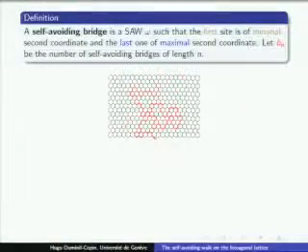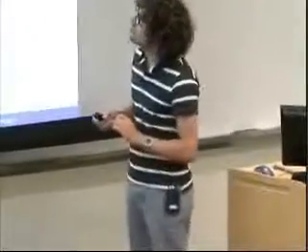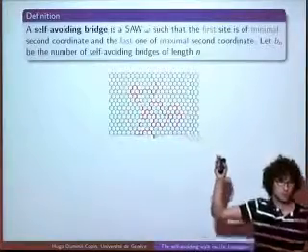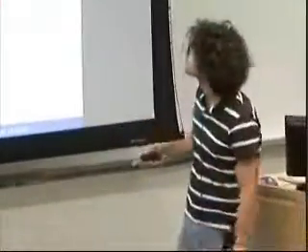So the first thing we are going to do is not to work with self-avoiding walks. We are simplifying the model by looking at self-avoiding bridges. That's almost a walk, except that the first point is the lowest one, and the last point is the highest one. This is called a bridge.